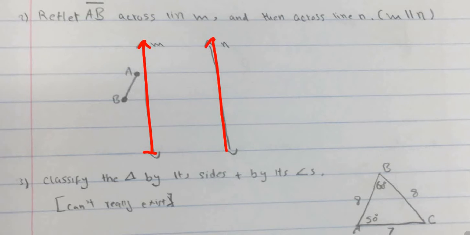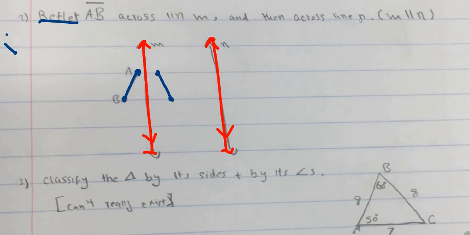They're always going the same direction. Put the little arrow feathers on there, that means parallel. Now reflect means like a mirror. So if I reflect across this line, I imagine what would it look like if I were to mirror it? And it would look something like this.